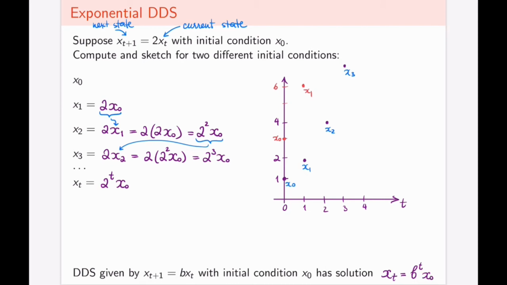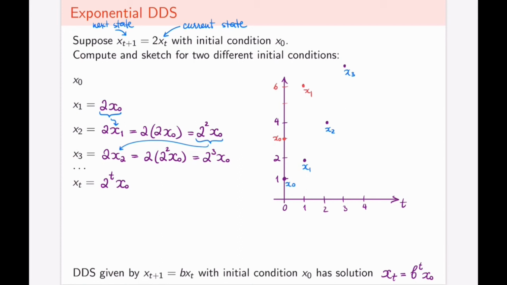So times my very, very first initial state. This is why these functions are called exponential. This factor, when you take more than one step, will be compounded on top of itself t times, therefore producing an exponential looking curve.